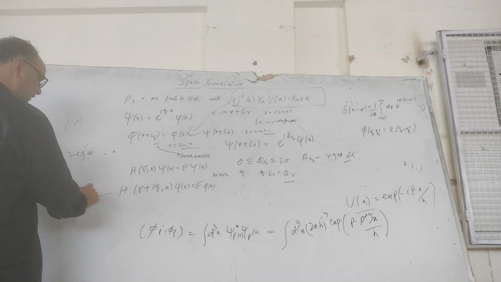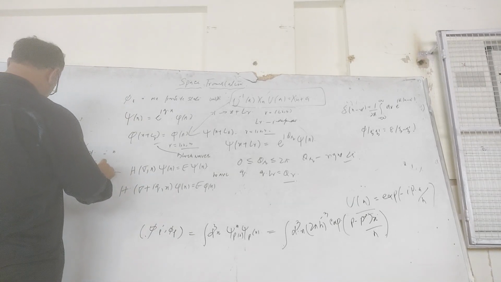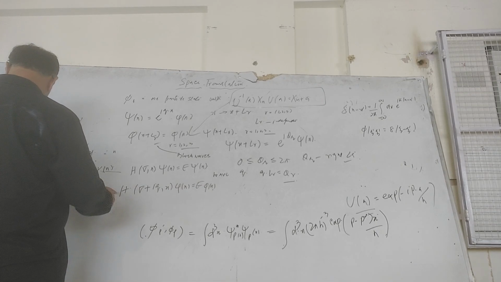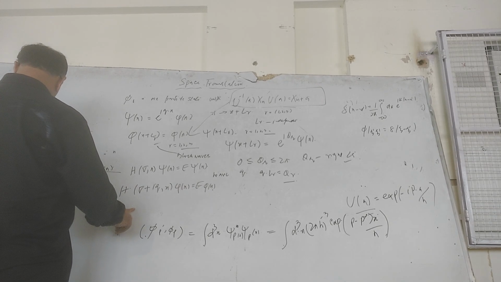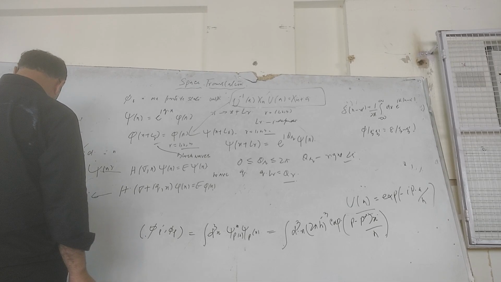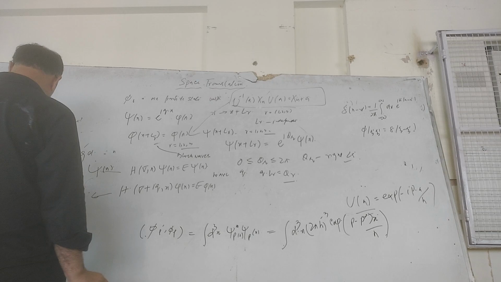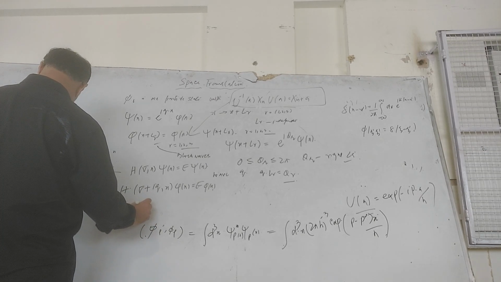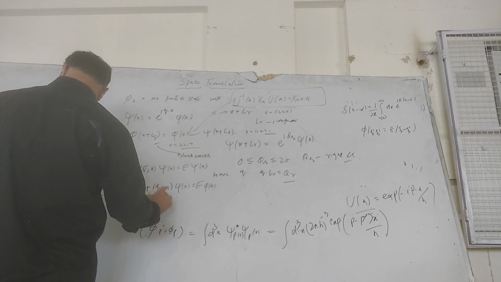This is the Schrodinger equation, a q dependent equation with periodic boundary conditions, where q dot LR is less than 2 pi.